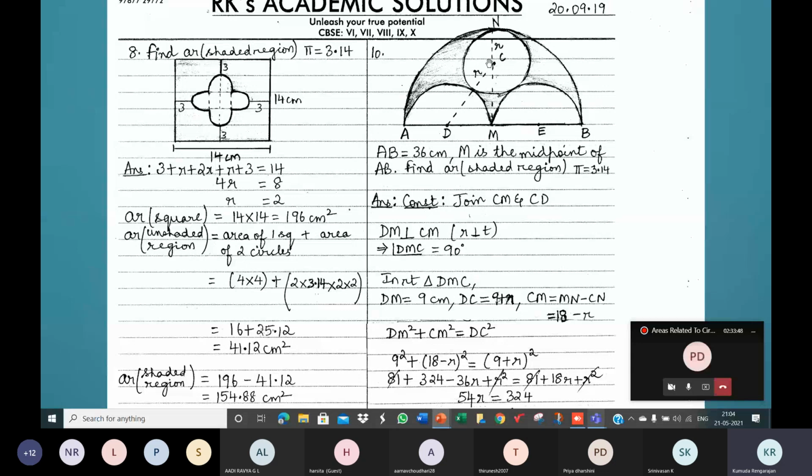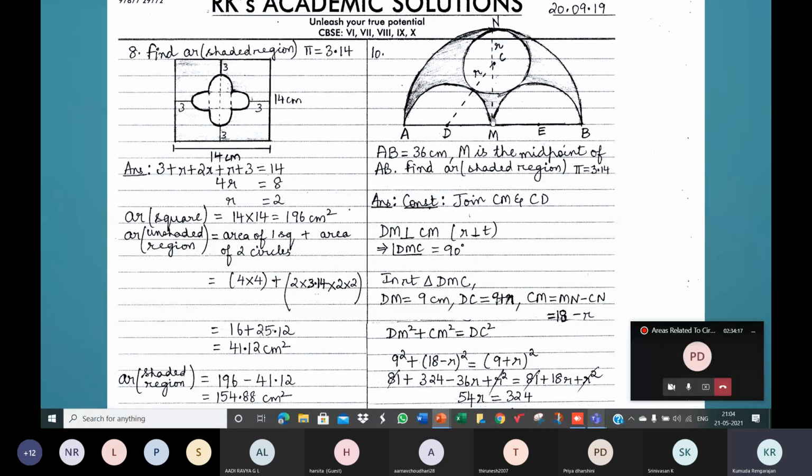And what about CM? We need to find CM. How much is MA, children? MA is 18. Then what is MN? That's also the radius of the same semicircle. M is the center, MN is a radius, same thing, 18.